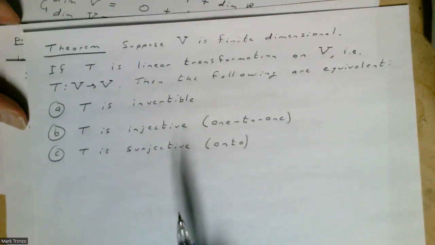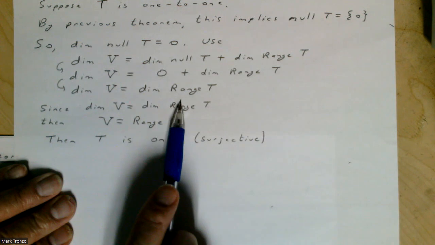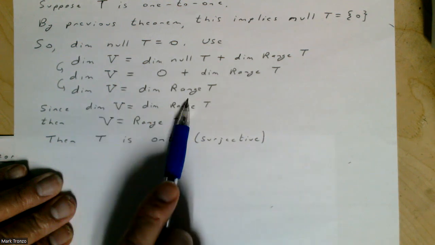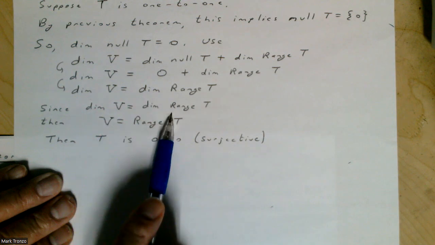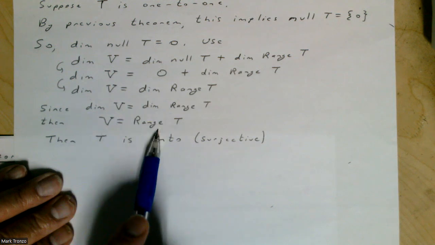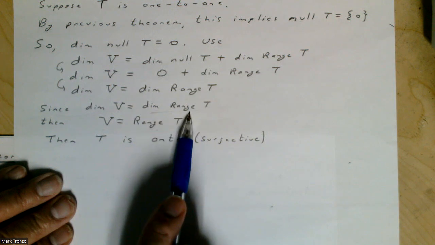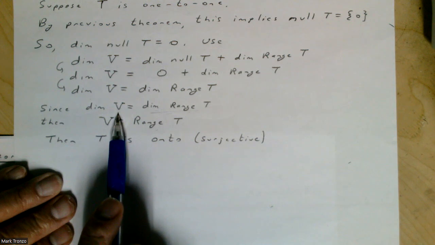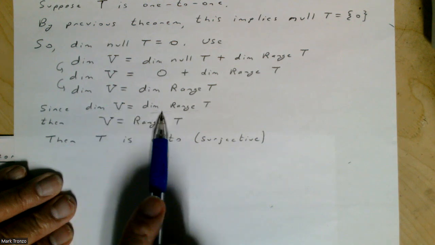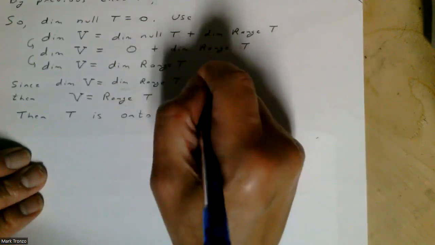You don't have all of these connections, because remember, one place in the proof said that the dimension of V was equal to the dimension of the range of T, and we could say that this implied this only because we knew that this was a subspace of V, because we're mapping from V into V. So we couldn't, under normal circumstances, do this.